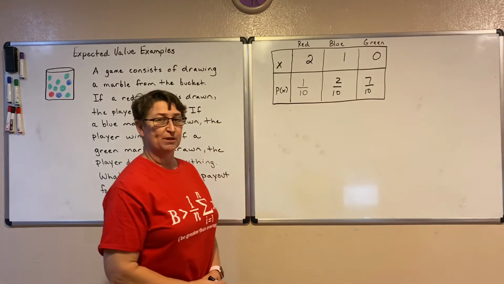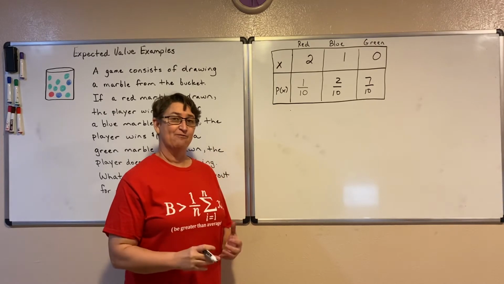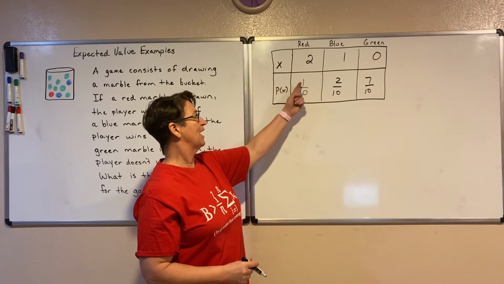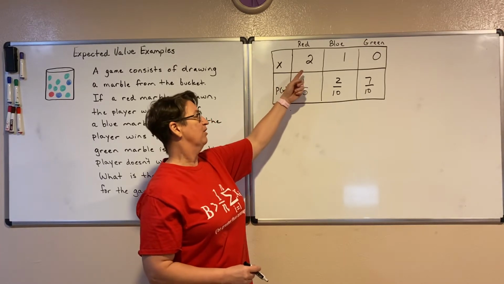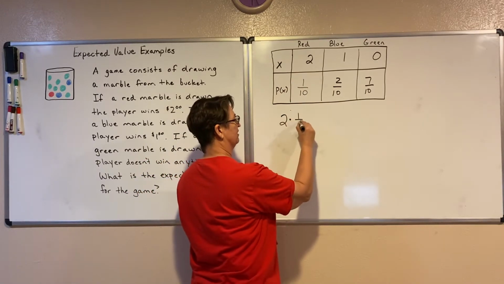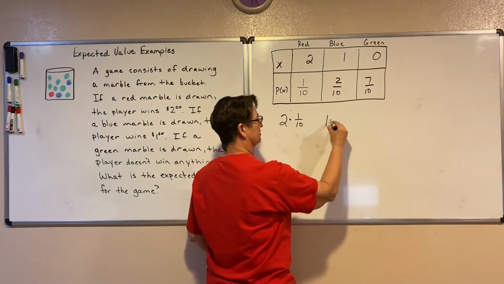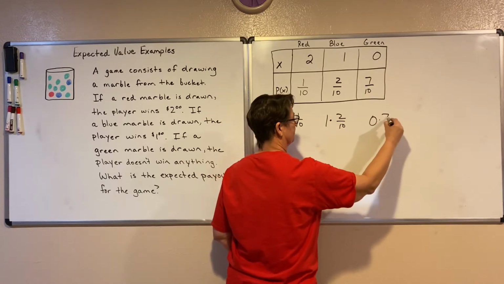Once I have my probability distribution created, now I'm just going to find the average. So I'm going to take each one of those outcomes and multiply them times their weight. This is just a weighted mean. Multiply your outcome times its weight. So 2 times 1/10. This outcome times its weight. This outcome times its weight.